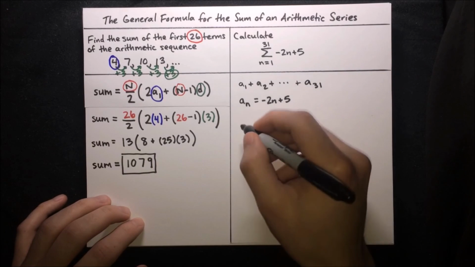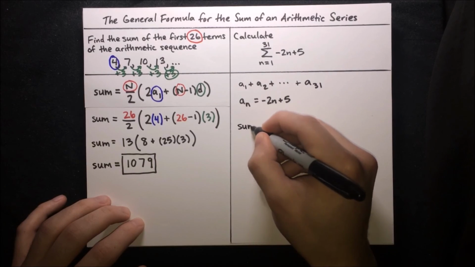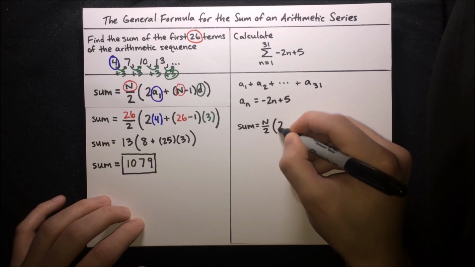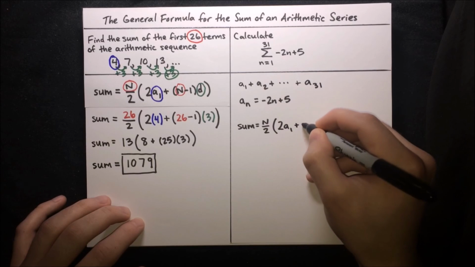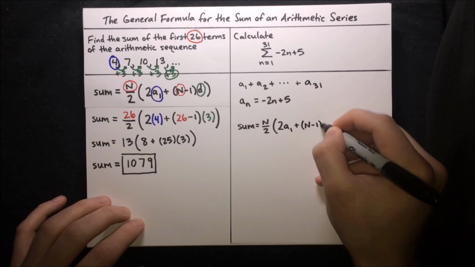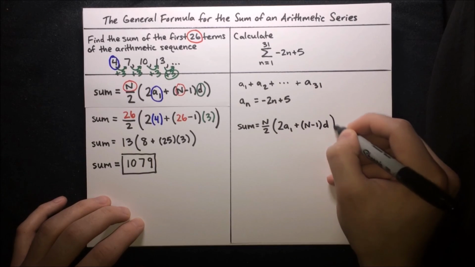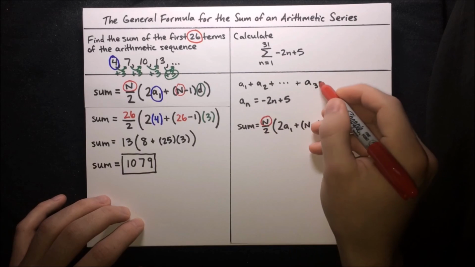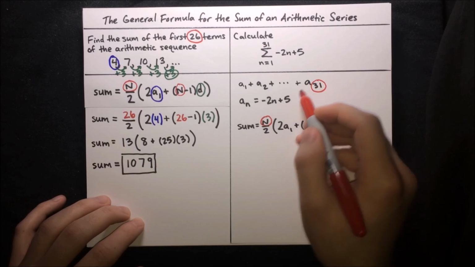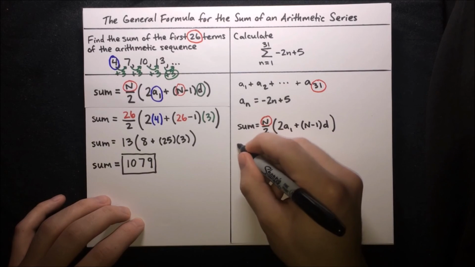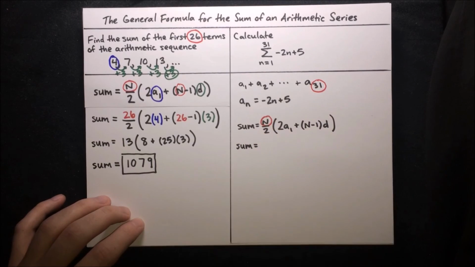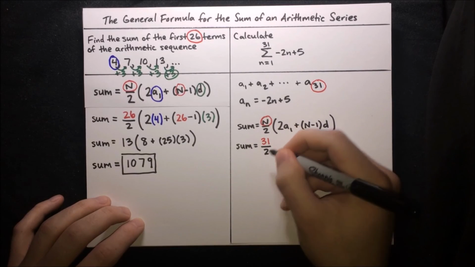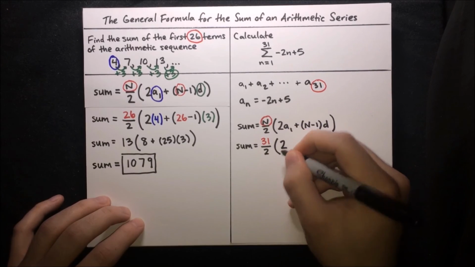Again, we'll want to use our sum formula. Sum equals n over 2 times 2a1 plus n minus 1 times the common difference. And we know that n here is 31. That's how many terms we want to add, including the first term. So sum equals 31 over 2 times 2a1.